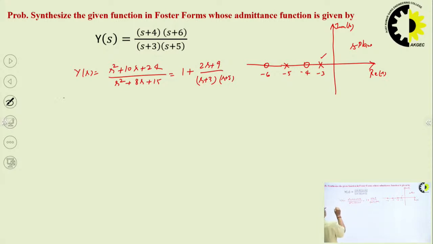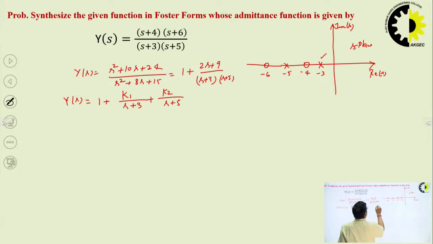So, Y(s) is equal to 1 plus, now this is the proper rational function. So, carry out the partial fraction, say this is your K1 by s plus 3 and this is K2 by s plus 5.